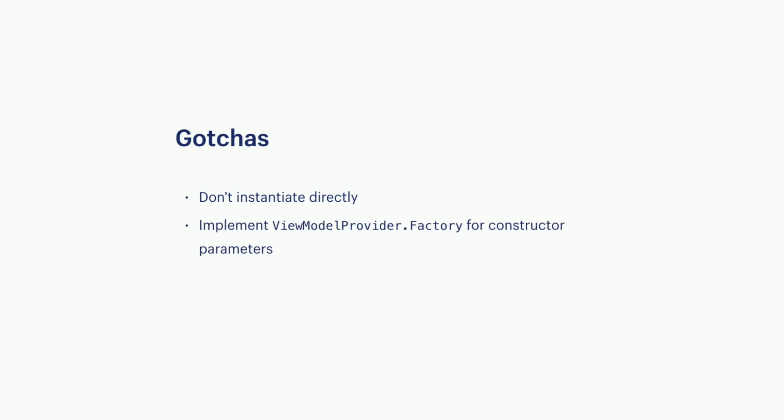Some things to be aware of: don't instantiate them directly. You can if you want, but then you don't get the nice config change behavior. If you need constructor parameters, then implement that factory, and it'll take care of it for you. And if you need a context in your view model, there's actually another class that you can extend from instead of view model, which is Android view model.